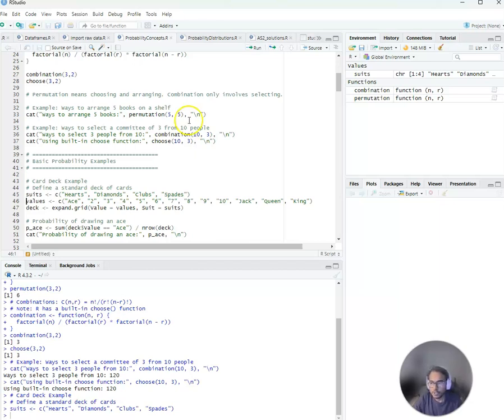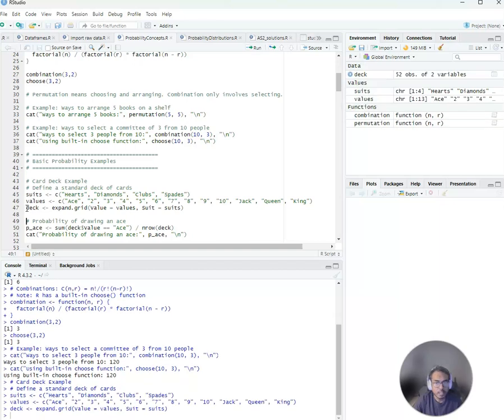And then I use the expand.grid function in line 47, which creates all possible combinations of suits and values. So I've run line 45. Let's run line 46 and 47. So I have the deck over here as a data frame.